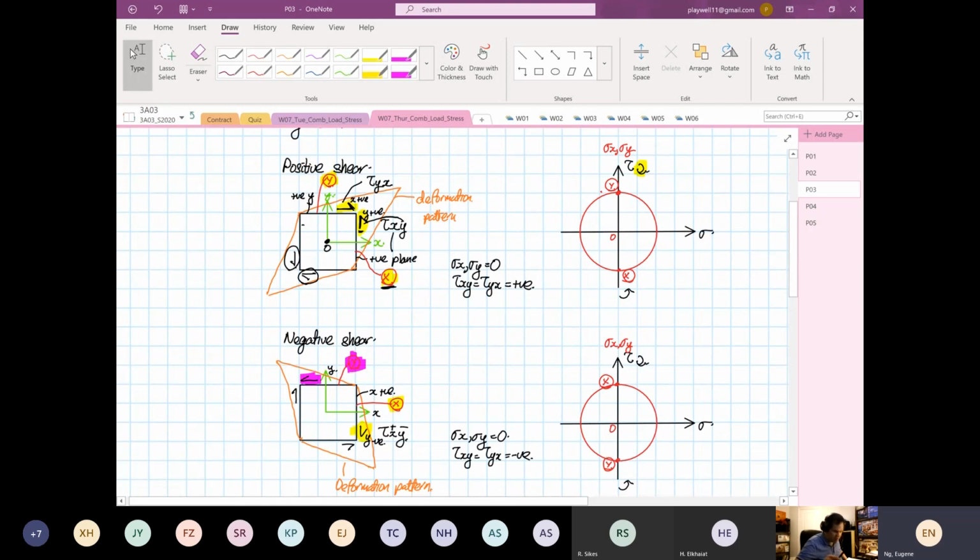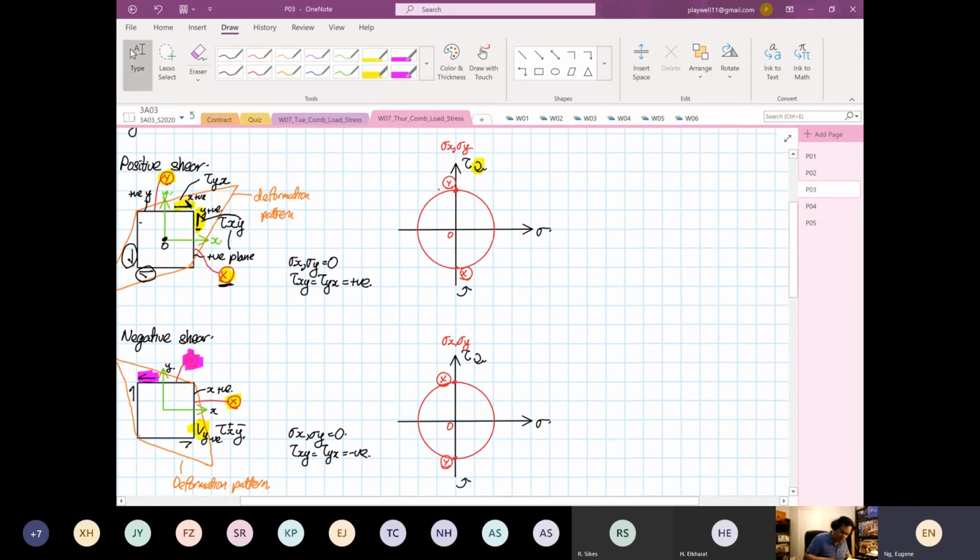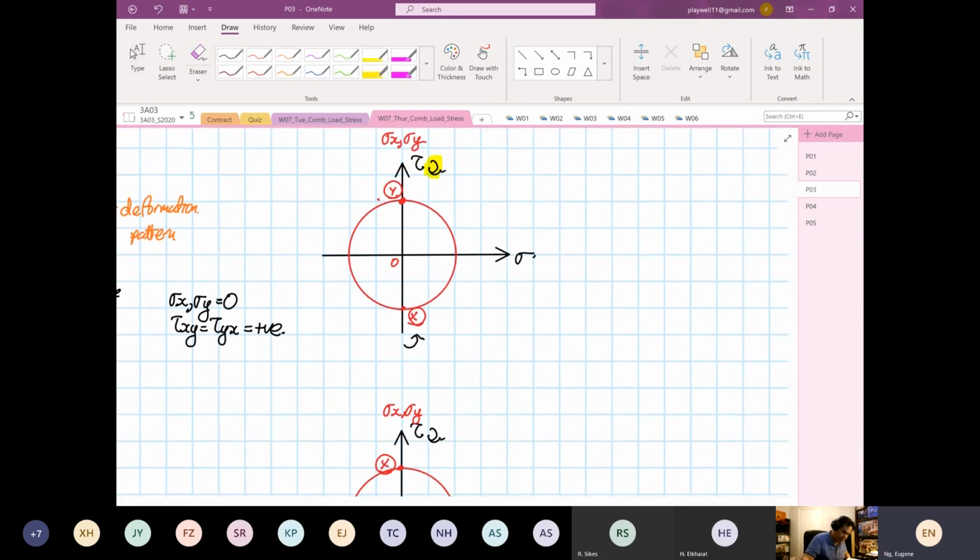So important thing to take note, the position of the shear on Mohr circle, I'll write down here.